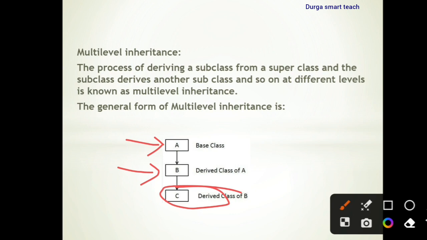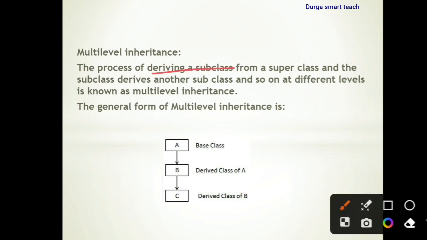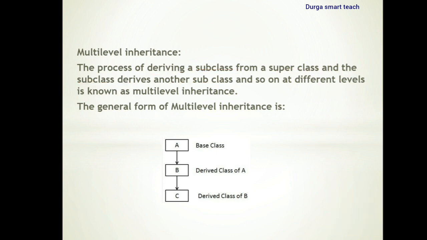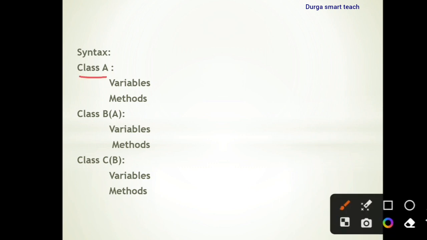So let's see. The process of deriving a subclass from a superclass, and a subclass deriving from another subclass, is known as multi-level inheritance. Let's see the syntax. Here class A is a parent class and it contains variables and functions. Next I am creating one more class, B, and it is derived from the A class. The B class contains variables and methods.